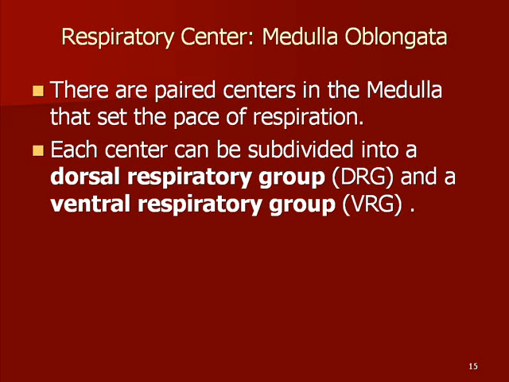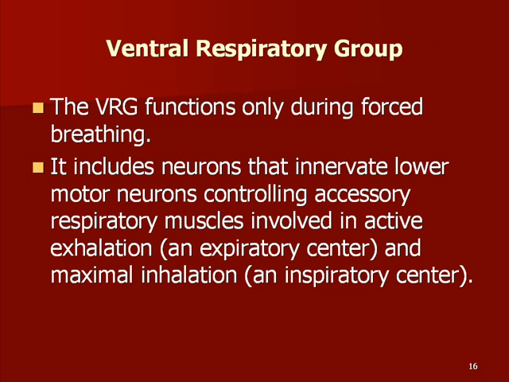There are paired centers in the medulla that set the pace of respiration. Each center can be subdivided into two groups, and this is important: the dorsal respiratory group, DRG, and the ventral respiratory group, VRG. Dorsal referring to the back, ventral referring to the front. The VRG functions only during forced breathing.